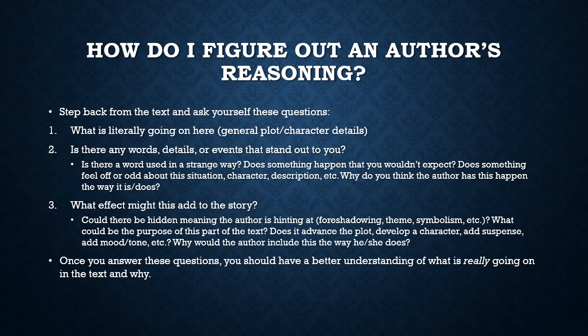You definitely want to pay attention to this part. For example, is there a word that is used in a strange way? Does something happen that you wouldn't expect? Does something feel off or odd about this situation? Or is there something strange about a character description? And why do you think the author has this happen the way it does?